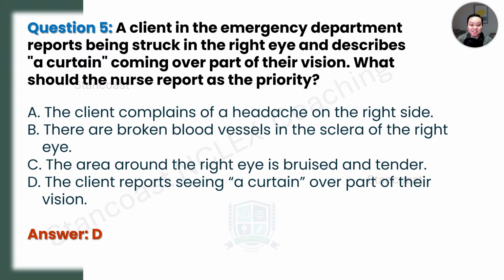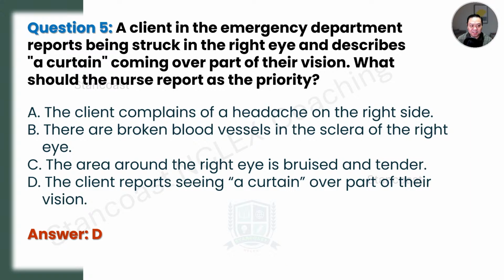This is expected if your patient had the blunt trauma, but it is not going to be as urgent compared to the sudden vision changes, like they reported having that curtain coming over. Okay, so your strategy in answering this question is to prioritize that visual change that can result in permanent damage, which is basically the sign, that curtain coming over in the patient's visual field.